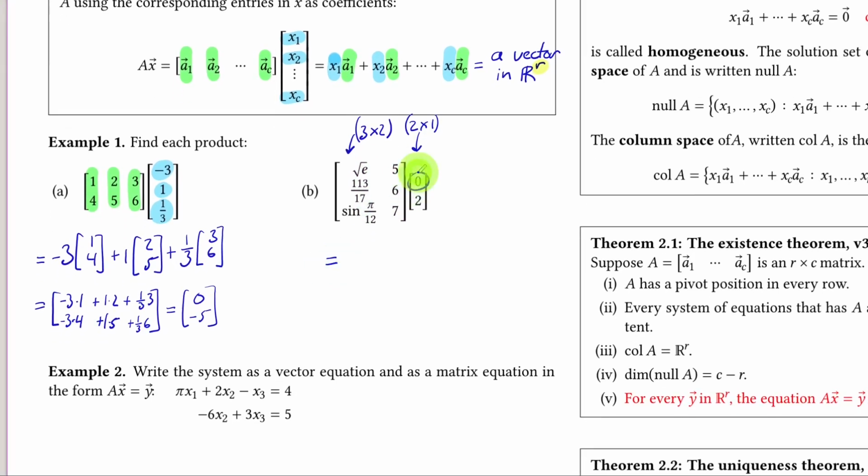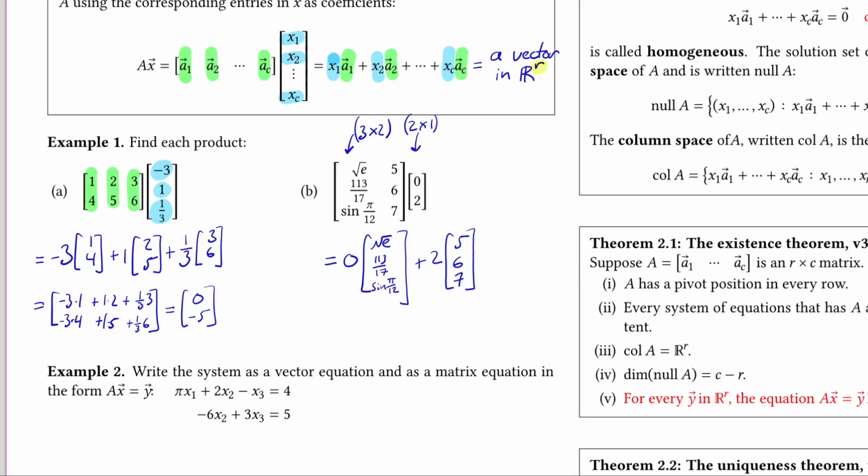We're going to get the first entry in X scaling the first column of the matrix. And of course, 0 times anything is just 0. So we just get (10, 12, 14), like so.